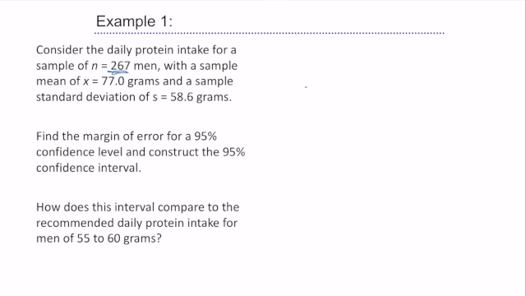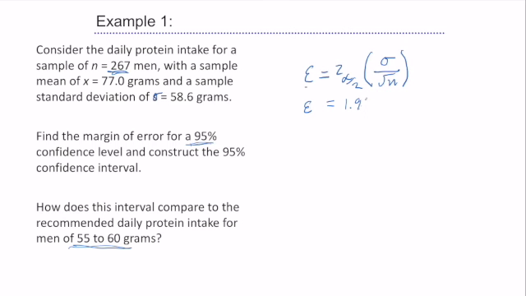Okay? And then we're going to compare that to our recommended dose for men, which is 55 to 60 grams. So I have that error equals z sub alpha over 2 times my standard deviation over the square root of n. So I have my error to be 1.96.